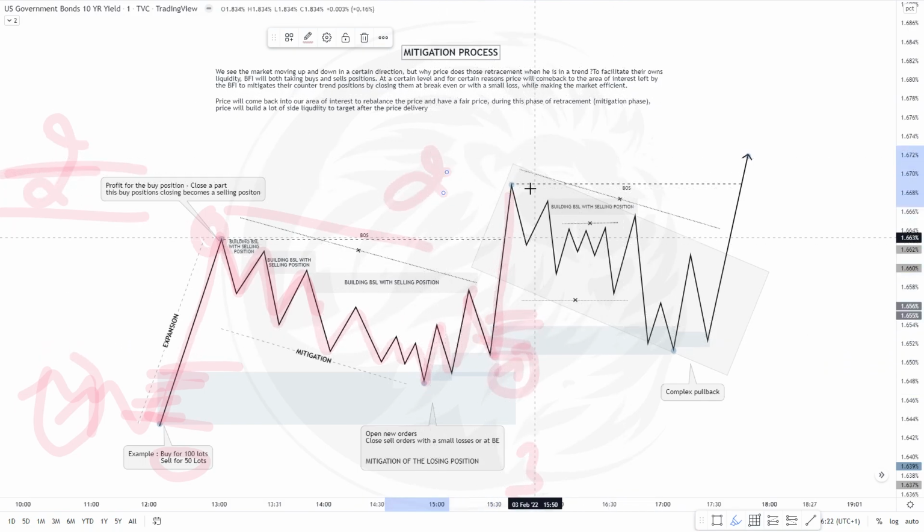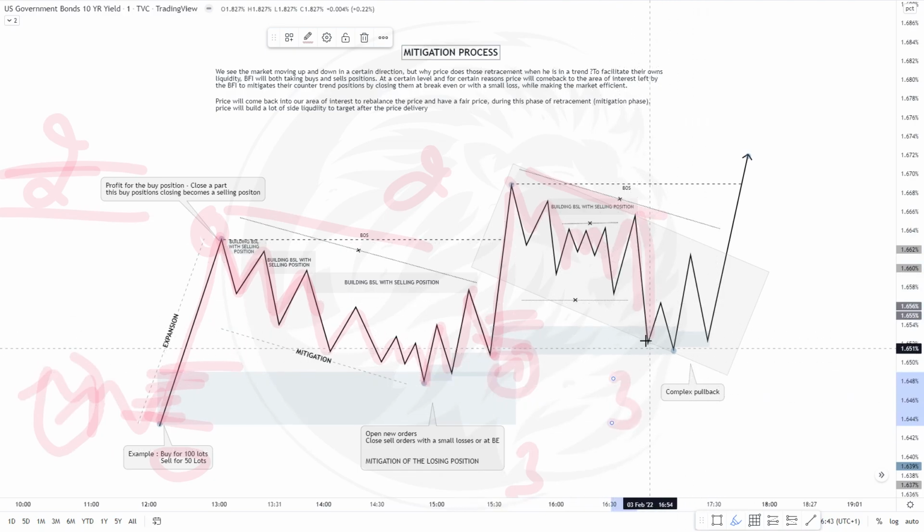Step 2, they will close partially for a certain reason their buying position and start to make a bearish move, creating buy side liquidity that we will target later, come back into the order block, start step 3, close, mitigate the losing position, open new orders and push the market higher.